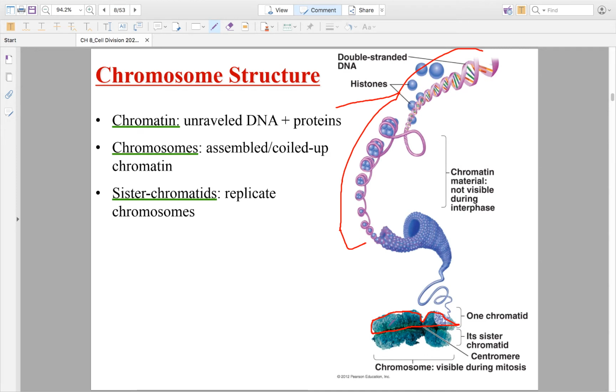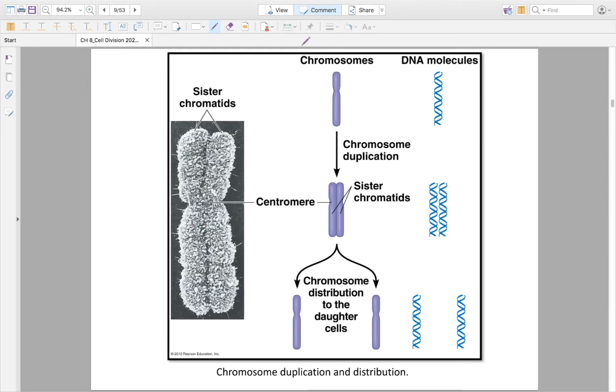Once it's copied itself and made a complete duplicate of itself, that is called a sister chromatid. It's a replicate chromosome. In other words, every chromosome that you have is going to be copied. It's duplicated, and on top of that, it's held together with a protein called the centromere.